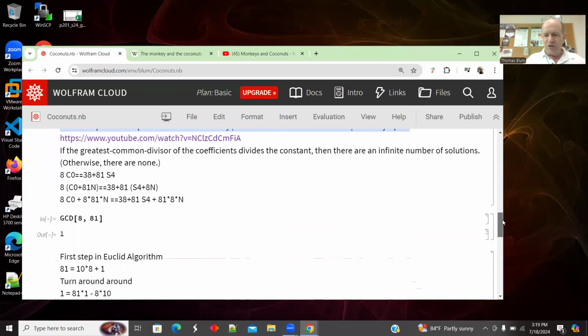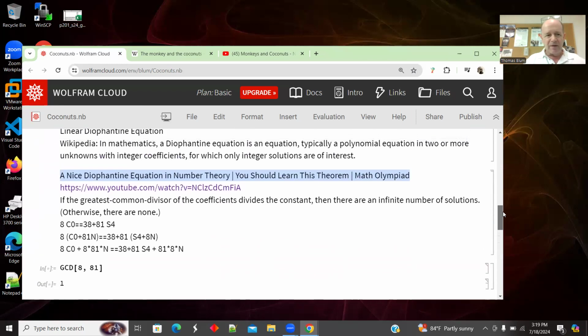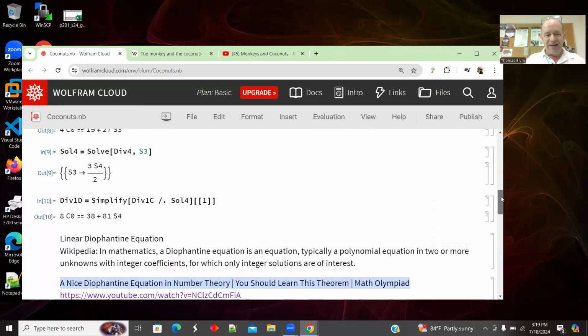One thing I want to just jump down and say, our coefficients are, in this case, the 8 and 81, and this is 2 cubed, and this is 3 to the 4th. So it's pretty clear immediately that there is no common divisor other than 1.